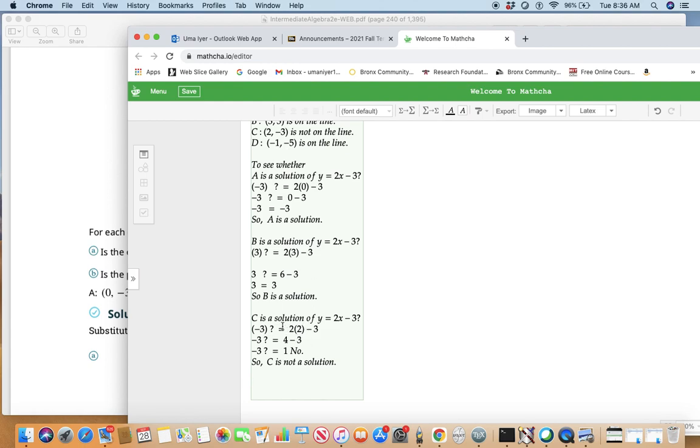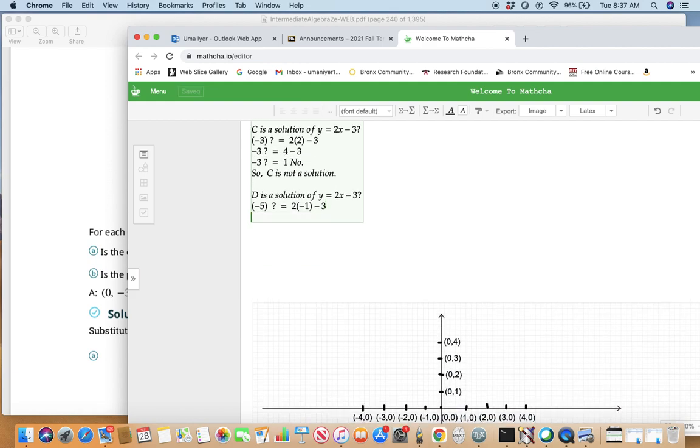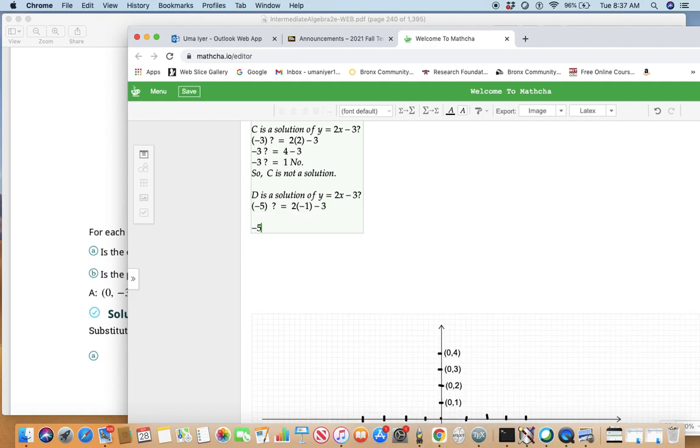Likewise, is D a solution of the same equation? D is negative 1, negative 5. That's your y coordinate, negative 5. Question is, does it equal 2 times negative 1 minus 3? You see, negative 5.